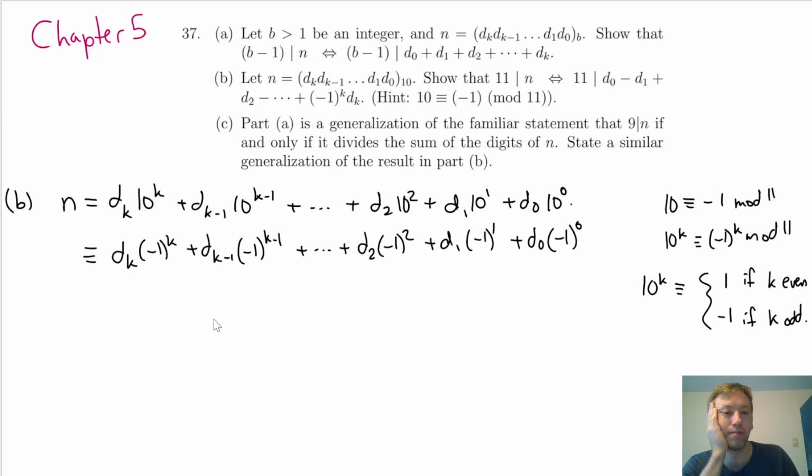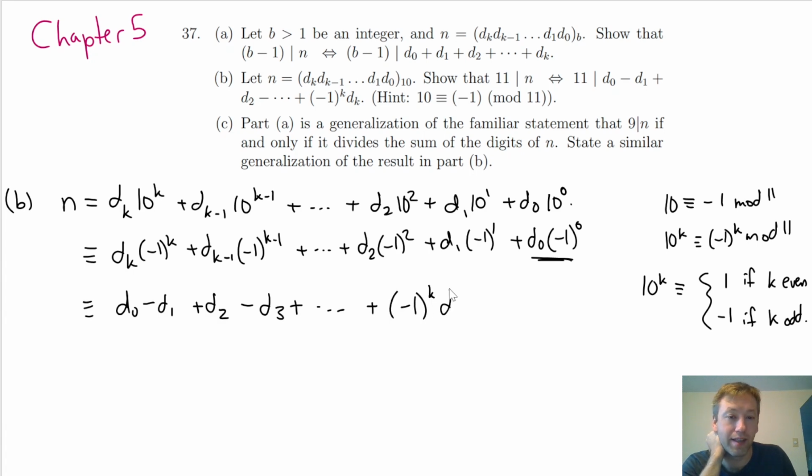We can rearrange this to say it is d0 minus d1 plus d2 minus d3, plus dot dot dot, up to plus negative 1 to the k dk. Sorry, this was all mod 11.